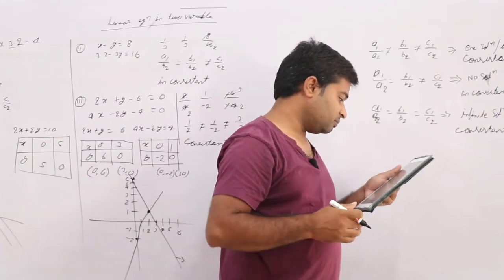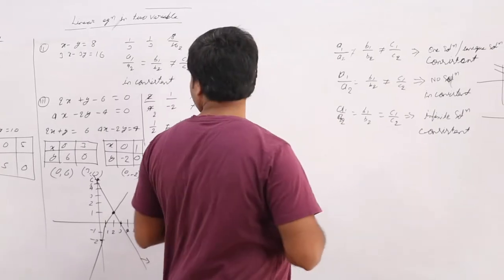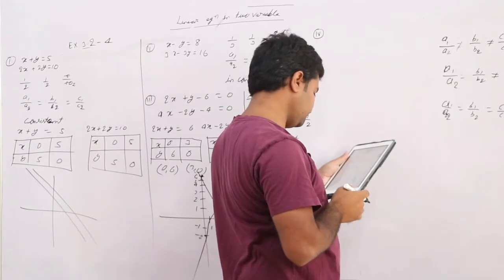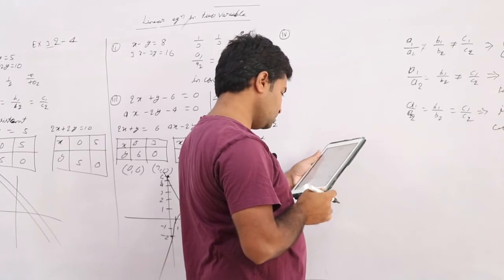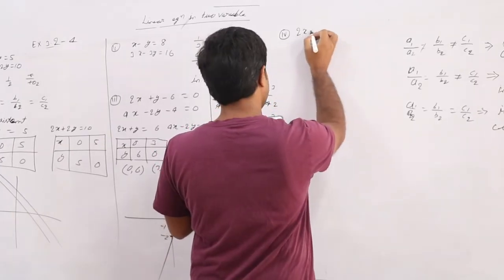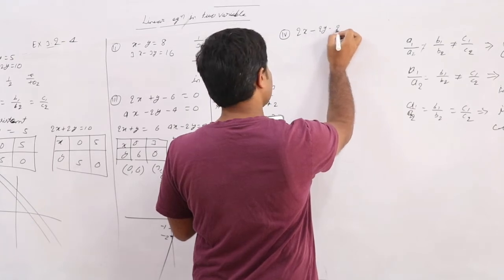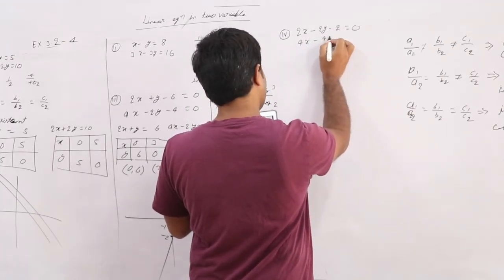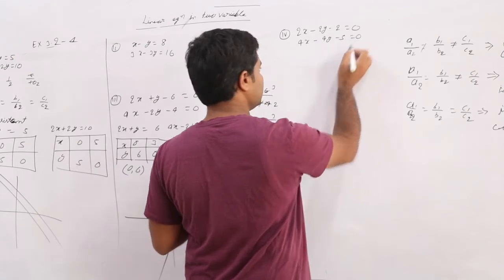See, which question number did I do? 3. Question number 4. Where is the question? 2x minus 2y minus 2 is equal to 0 and 4x minus 4y minus 5 is equal to 0. Correct?